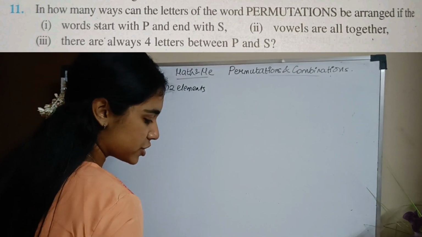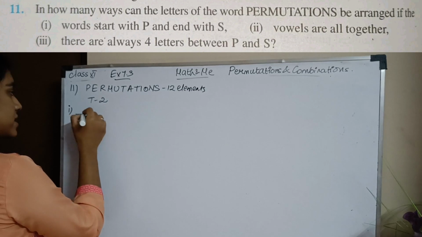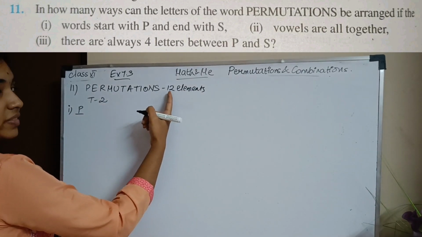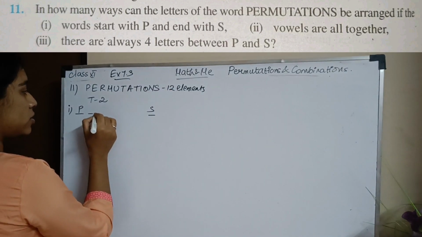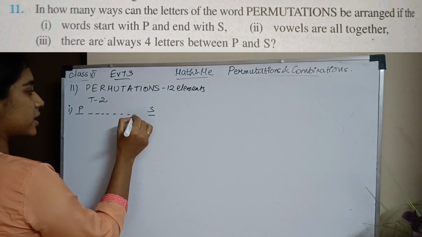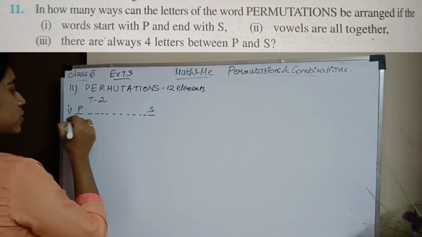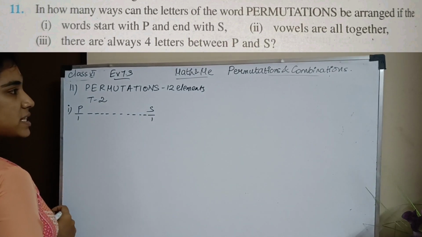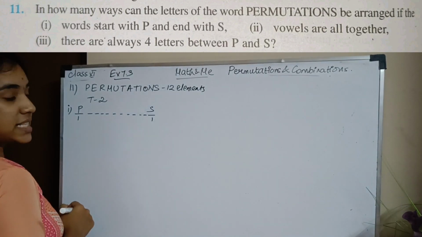What is my first subsection? The word starts with P and ends with S. In between, I have 10 elements out of 12 in total: 1, 2, 3, 4, 5, 6, 7, 8, 9, 10. Basically, for the first place only one choice, for the last place only one choice. P and S are already used, and I have 10 elements left.